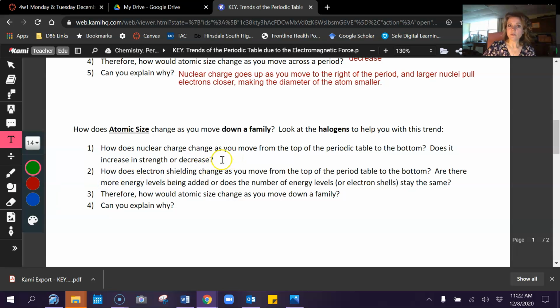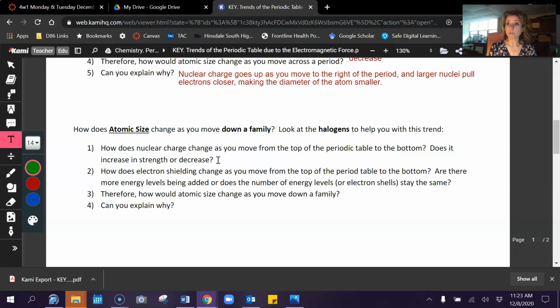How does nuclear charge change as you move from the top of the periodic table to the bottom? Does it increase in strength or decrease? Well, again, if we look at our halogens, for instance, fluorine is atomic number 9, which means it has 9 protons. But if we go down the family to, say, chlorine, which is atomic number 17, that means it has 17 protons.